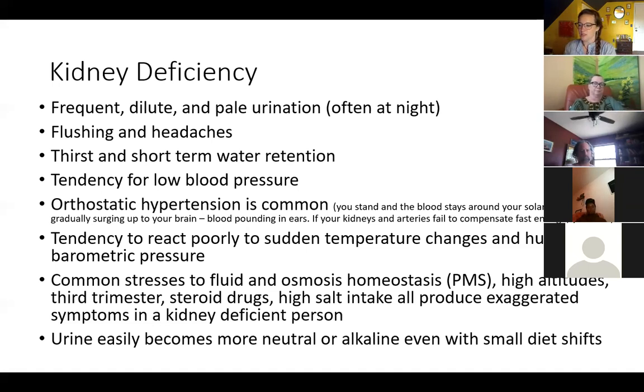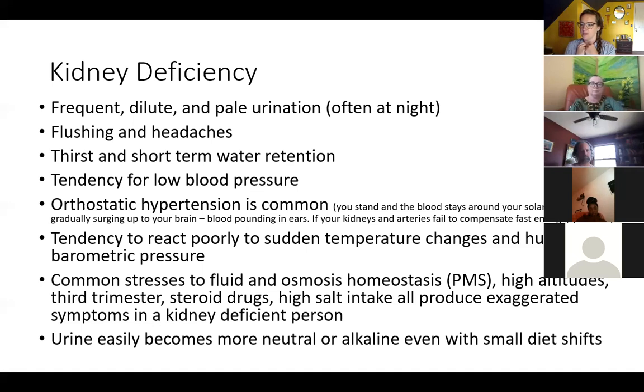So common stresses to fluid and osmosis homeostasis, like PMS, high altitudes, third trimester when water balance is really off, steroid drugs, high salt intake, which affects your electrolyte balance and your water balance, all produce exaggerated symptoms in a kidney deficient person.